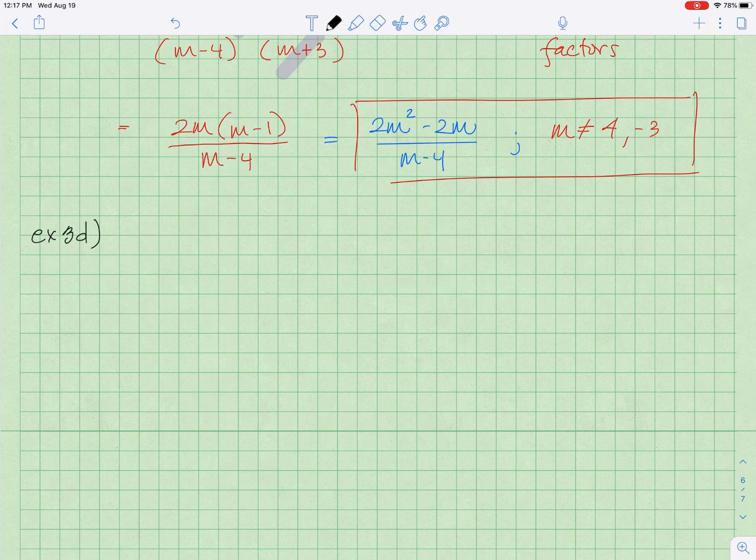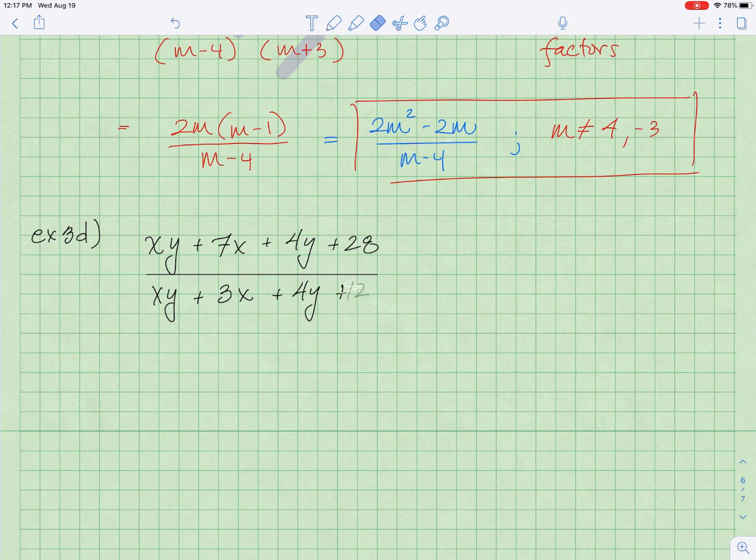Example 3D. Same directions. Reduce and state the domain restriction, or so the variable restrictions. This one, though, xy plus 7x plus 4y plus 28 divided by xy plus 3x plus 4y plus 12.